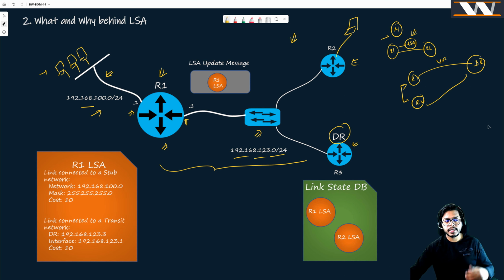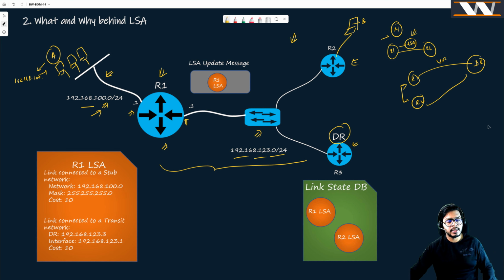Suppose this host A wants to communicate to host B somewhere here, and the IP address of host A is 192.168.100.something, which should be inside this subnet range of 255 hosts.